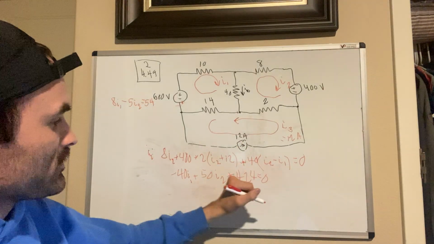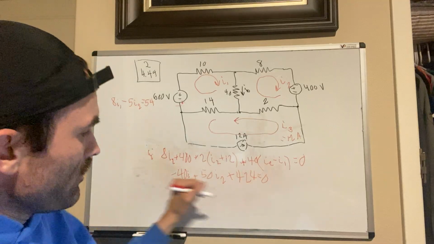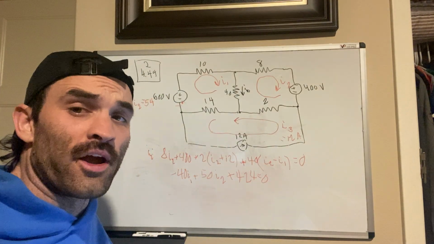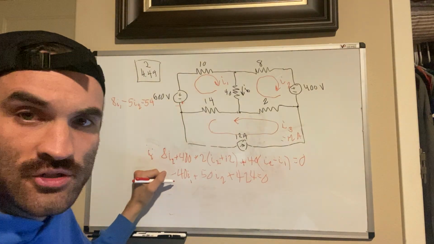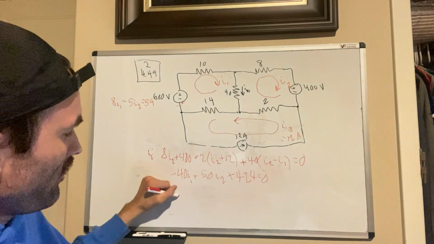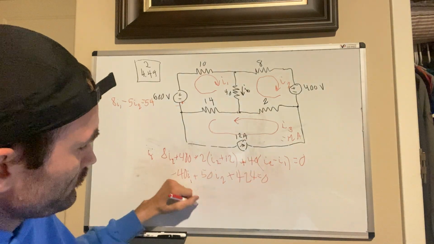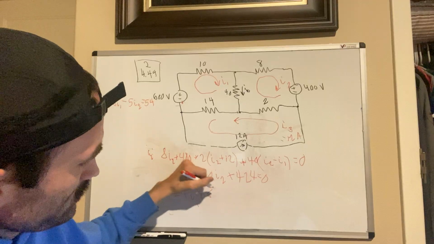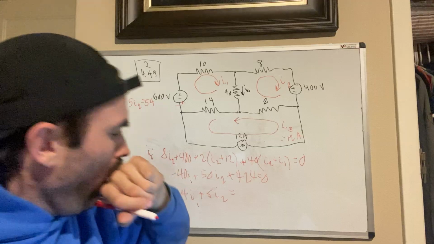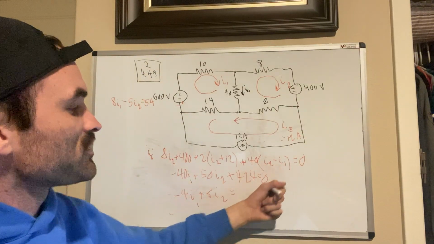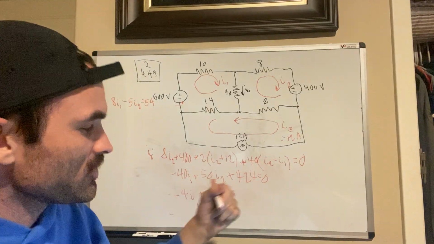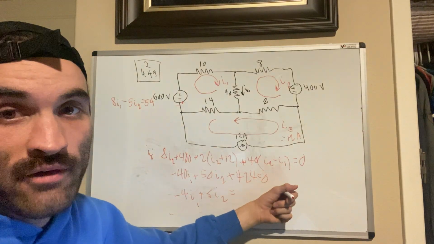So now I'm going to subtract 424 from both sides, and then divide everything by 10. So divide everything by 10, and we have negative 4I1 plus 5I2 is equal to negative 424 after we subtract it over.